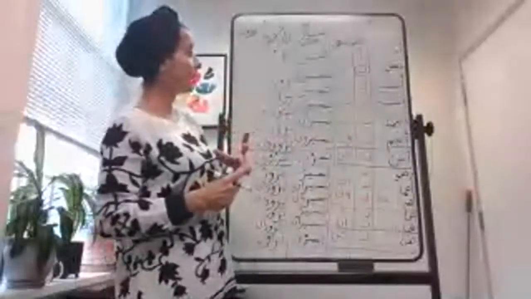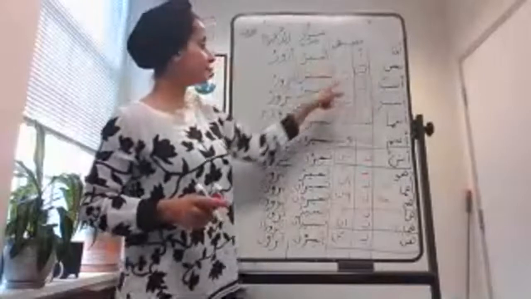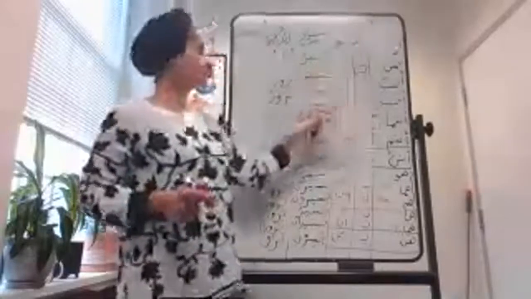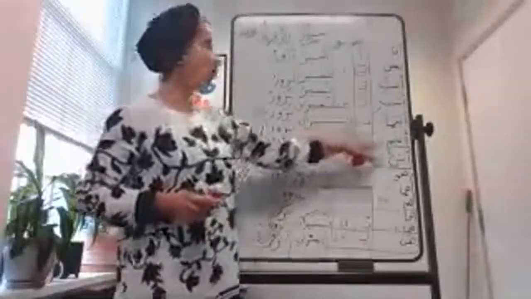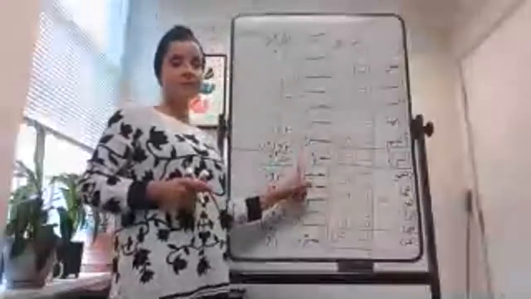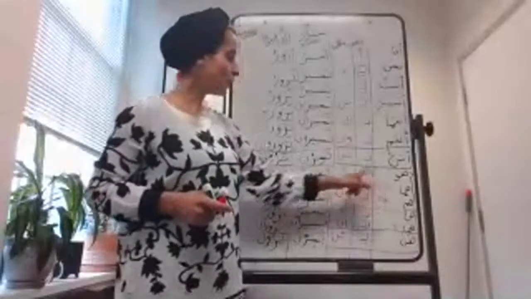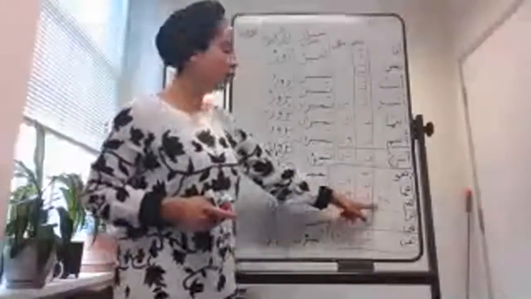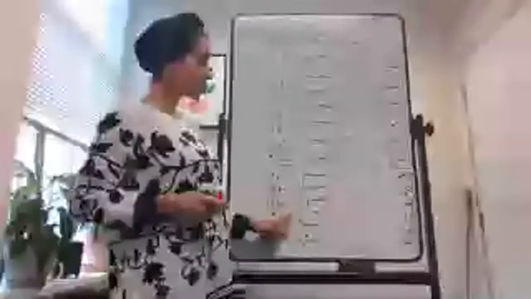Alif, the waw, and the ya. أنا أسير. نحن نسير. أنت تسير. أنت تسيرين. أنتما تسيران. أنتم تسيرون. أنتن تسرن. هو يسير. هما يسيران. هم يسيرون. هي تسير. هما يسيران. هن يسرن.